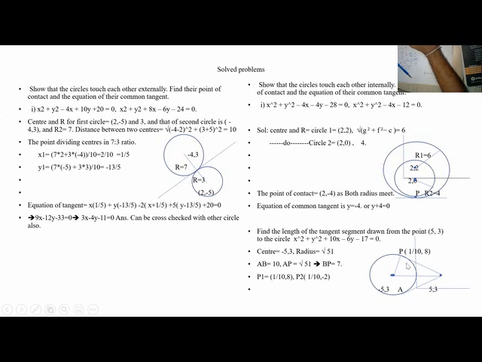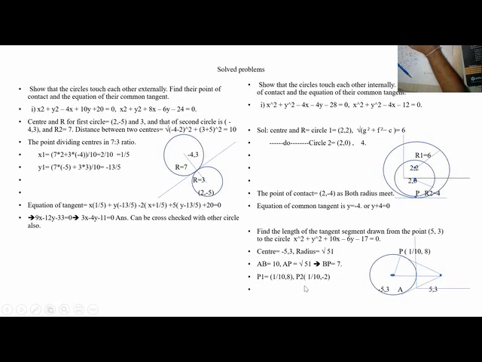This is Pythagoras' rule, this is the hypotenuse. So BP square is this square minus this square. This is point B. So BP is the square root of AB square minus AP square, that is 10 square minus 51, which is 49, root 49 is 7. So this distance is 7.